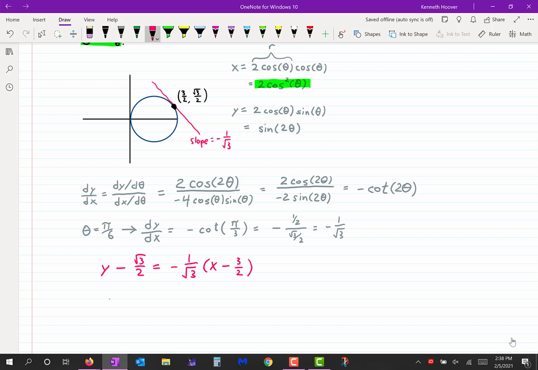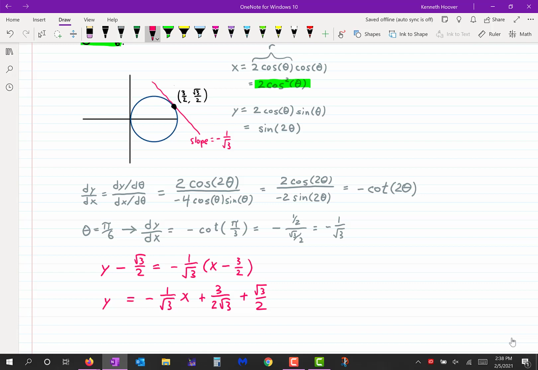So we're going to get y equals negative 1 over root 3 x, plus 3 over 2 root 3, that's the distributing there. And then we add root 3 over 2 to both sides. And there's the equation of our line.